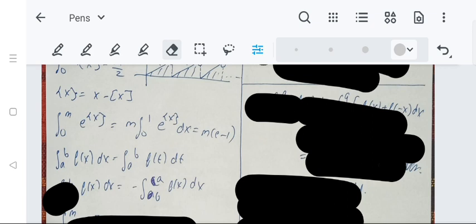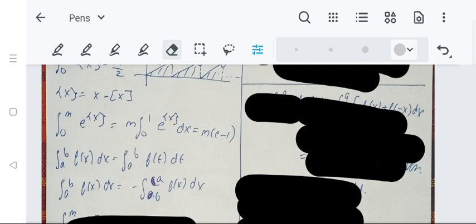And another is that if you change the variable, it will not change the area or integration. Suppose the integration of 5 to 6 x square dx, and now you change it to the integration of 5 to 6 t square dt, the area will be the same. It is written here that the integration of a to b f(x) dx is equal to the integration a to b f(t) dt.